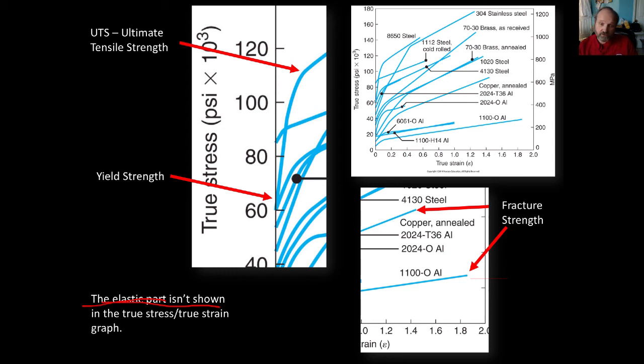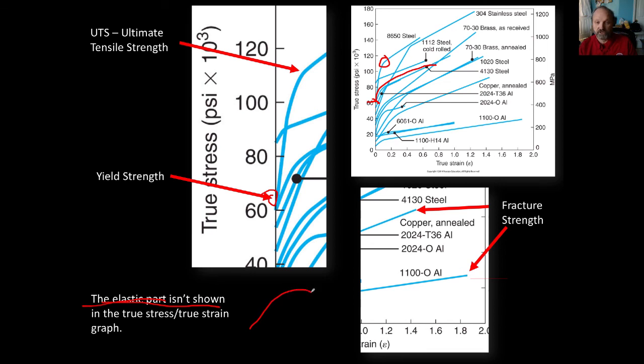So the way this is graphed, for example, this 4130 steel curve, this would be the yield strength right here. And then when it starts to bend, that's the part of the regular stress strain curve, right? How it comes up, it goes over.